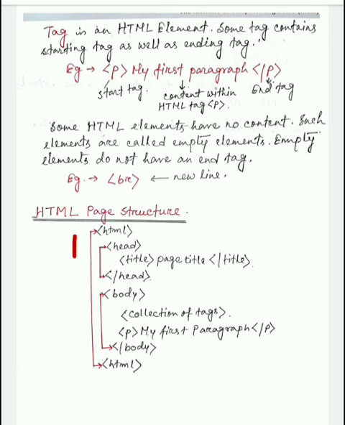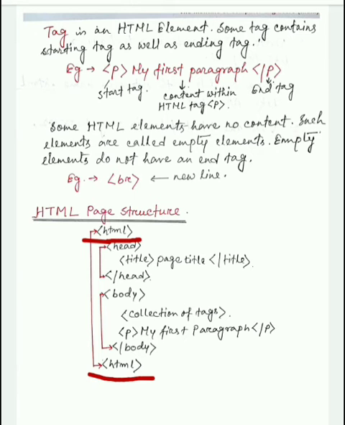Now this is the basic HTML structure for whenever we want to create a web page. This is our basic HTML structure. This structure should be followed for every HTML page. So what is this? Every HTML page should start with an open HTML and close HTML tag.